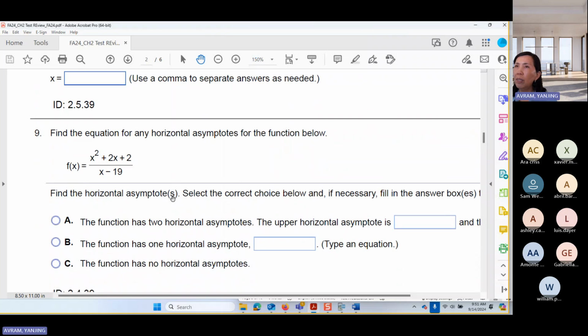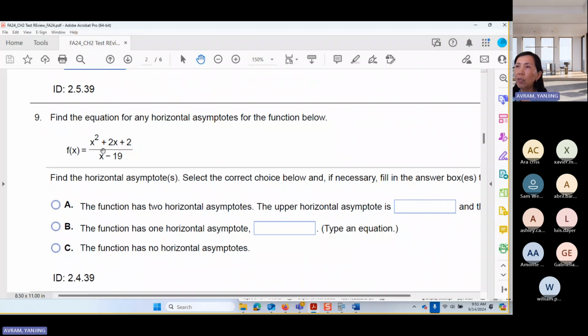All right, number 9, we want to find an equation of any horizontal asymptote for the function below. Horizontal asymptote is where, when x gets really big, y becomes a fixed number. So that would be the horizontal asymptote.